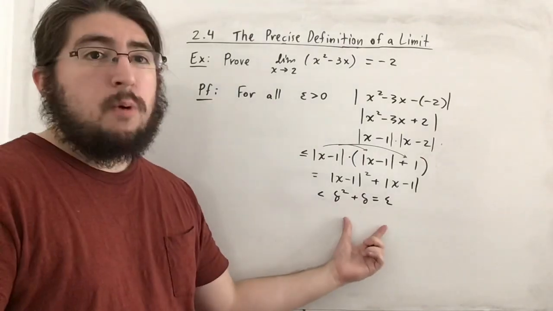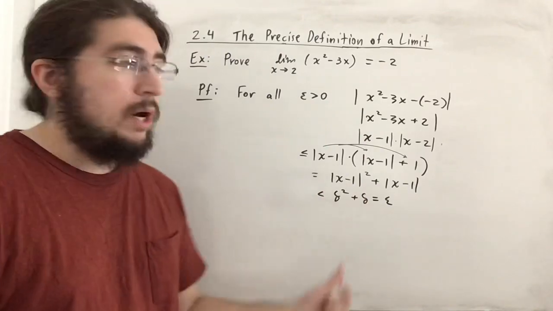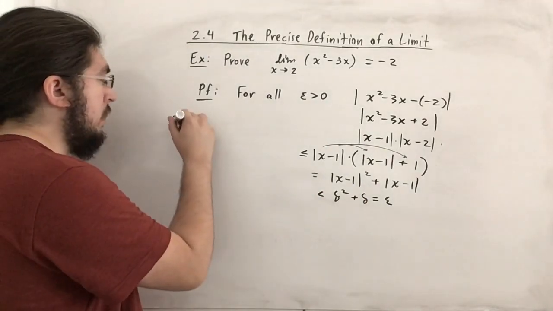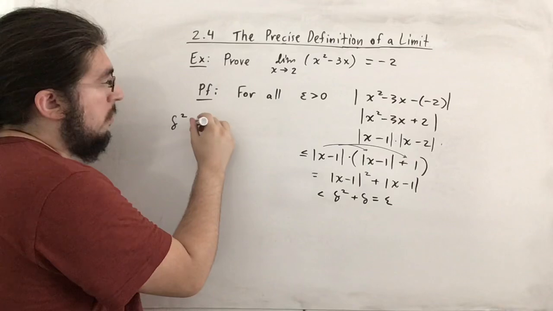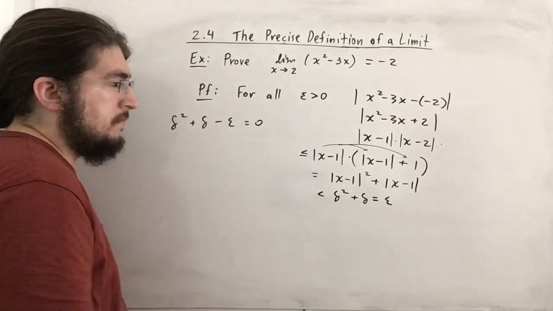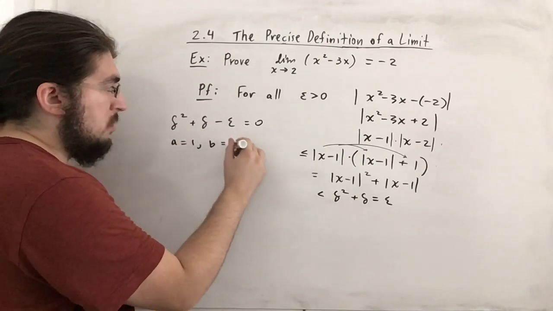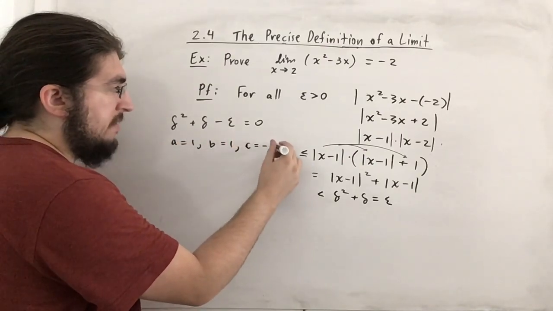But now notice that this equation we can actually solve for delta in terms of epsilon using the quadratic formula. So let's see if we can do that. We have delta squared plus delta minus epsilon equal to 0. In this case, using the quadratic formula, a is 1, b is 1, and c is negative epsilon.